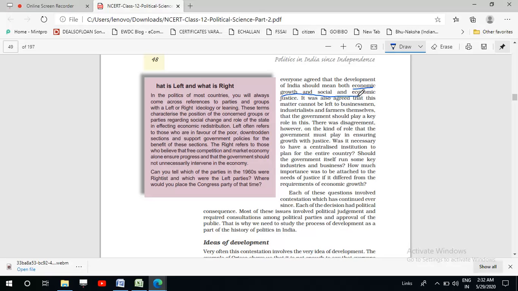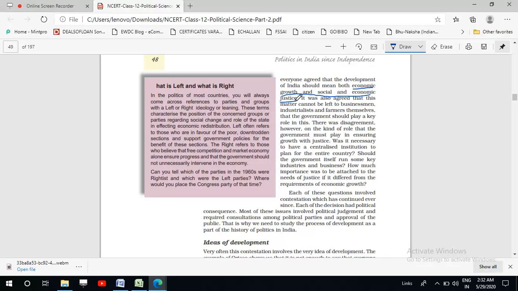There was need of the government to play a dominant role, because if our aim was only to have economic development, then it could be left in the hands of the industrialists, businessmen and farmers. But we had the purpose of bringing economic growth with social and economic justice. So, in order to achieve this social and economic justice, there was need of state intervention. There was need of the role of the government in the economy.